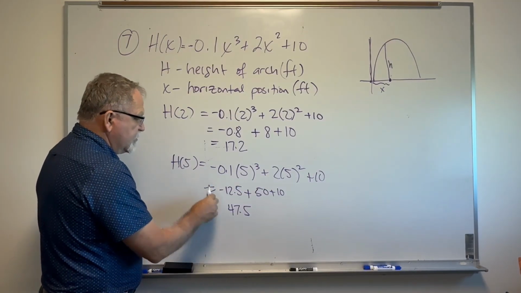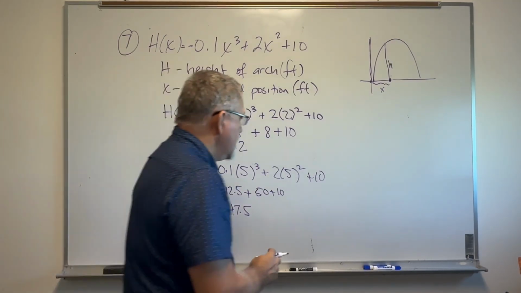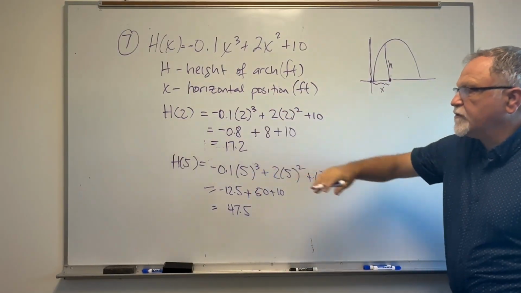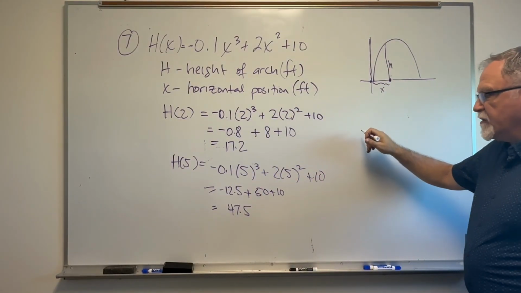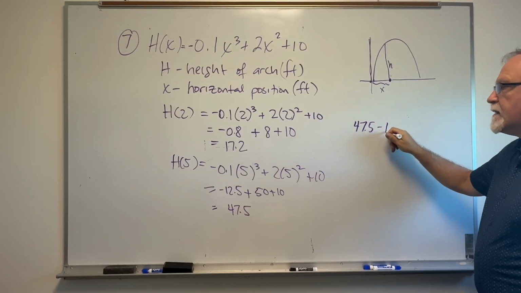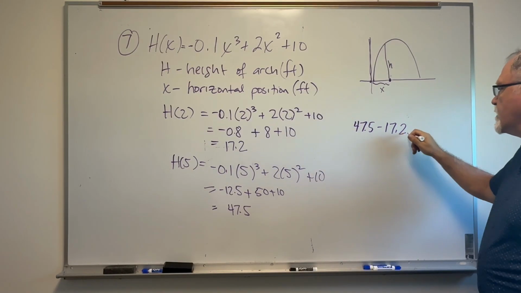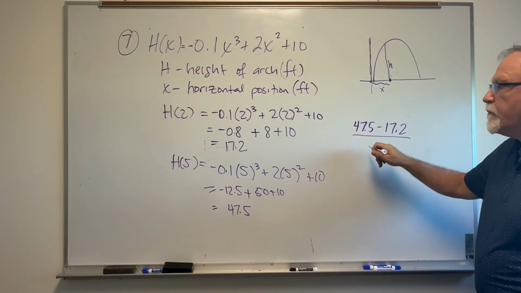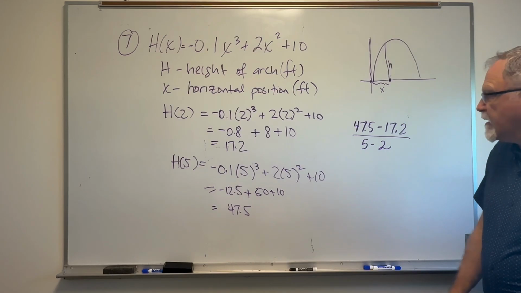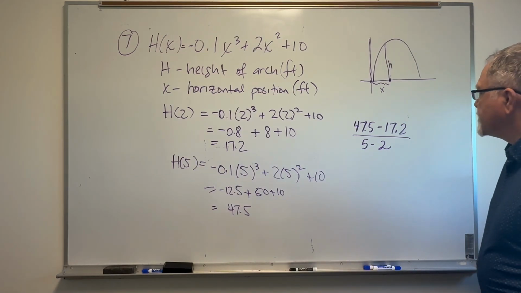So I've got my two function values. If I want the average rate of change in this function between those two values, I can just do the change in output, which would be 47.5 minus 17.2 divided by the change in input, which would be 5 minus 2. And that will give me my rate of change.